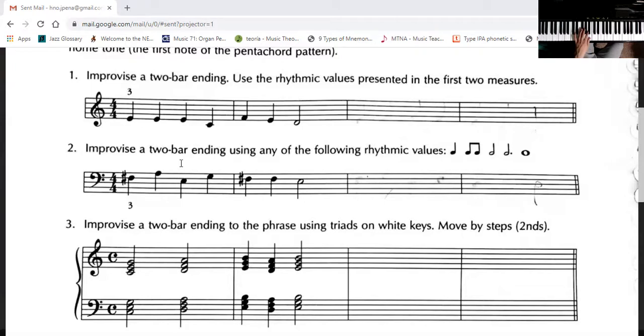Let's try to transpose one more time. So we started on here. Interesting. So that's diatonic. Kind of sounds like a little chromatic too.